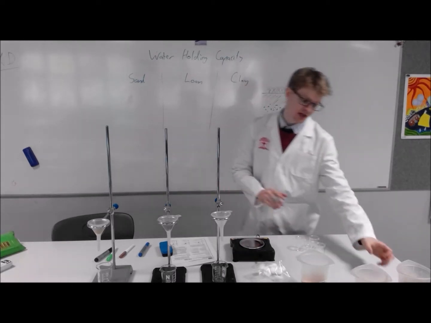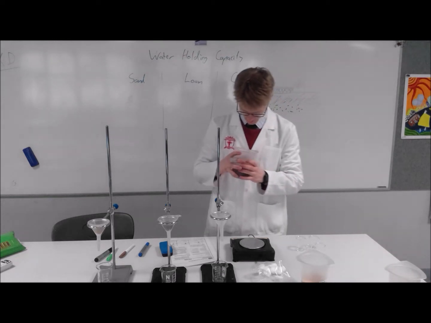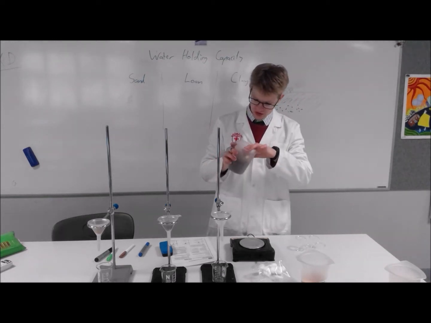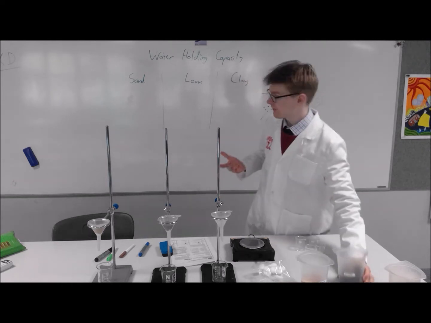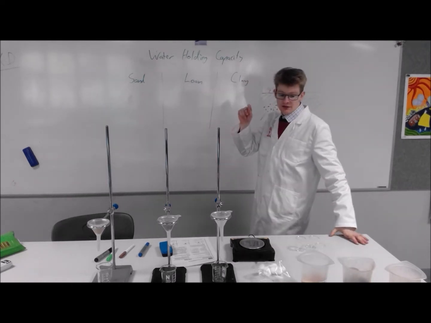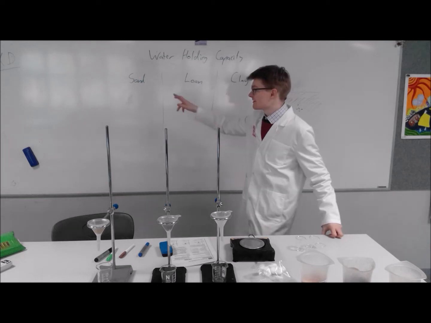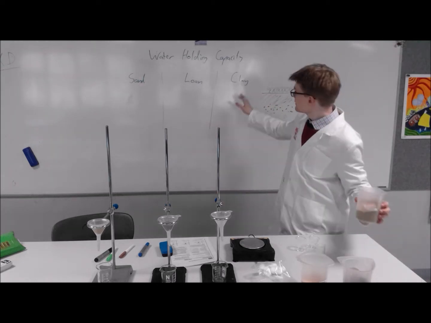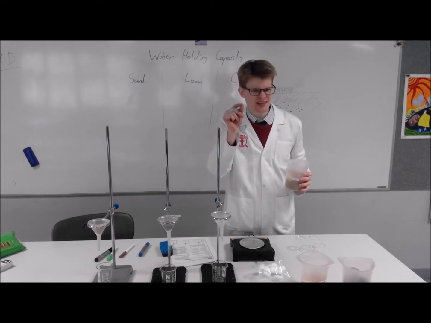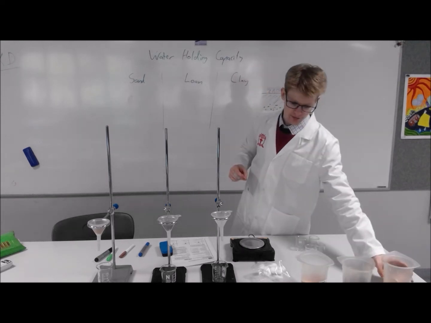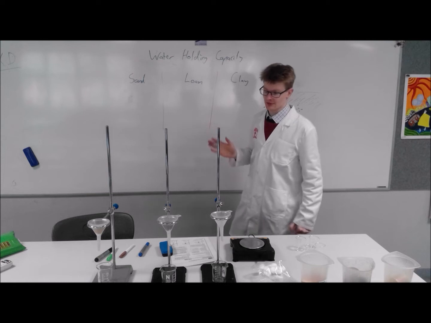Loam, on the other hand, is much smaller. Loam is what you find most dirt to be made of. It doesn't have grains as big as sand. And same with clay. Clay is even smaller than loam. So small that often you can't even see the individual grains. So that's the difference between these three sediments.